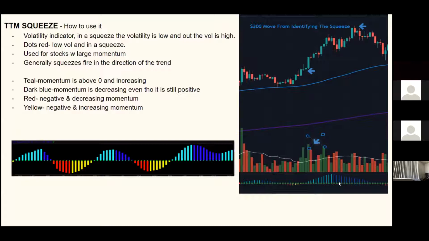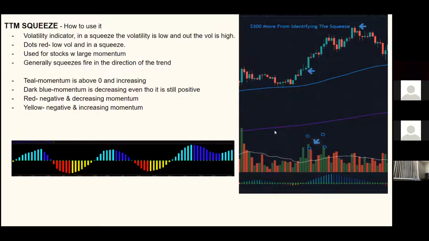So TTM is great, especially for day trading and swing trading, because if you can get in over a break of a consolidation period, a ranging period, and find a squeeze, you can swing that for quite a while, and it allows you to hold longer.